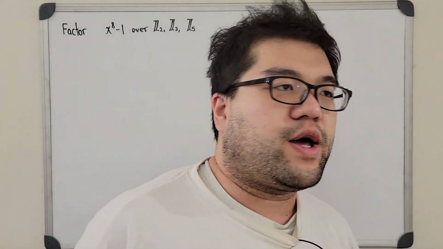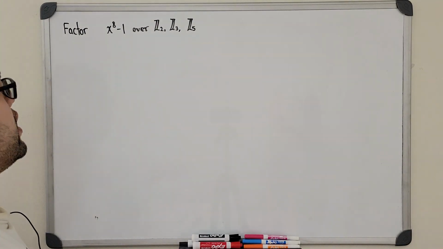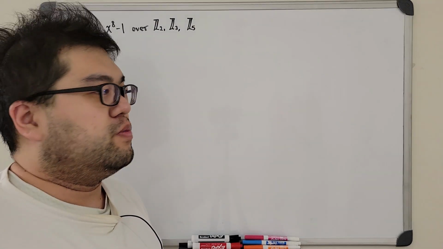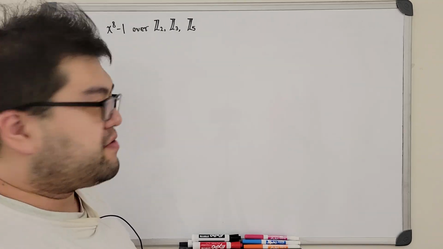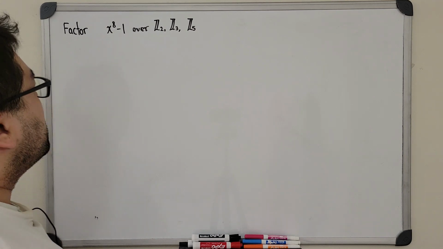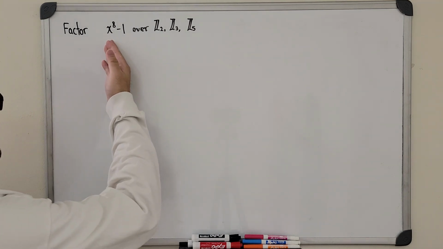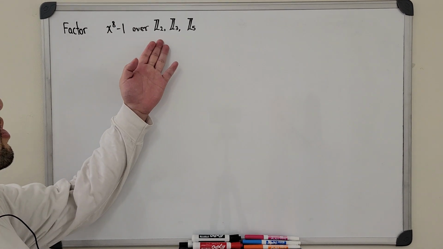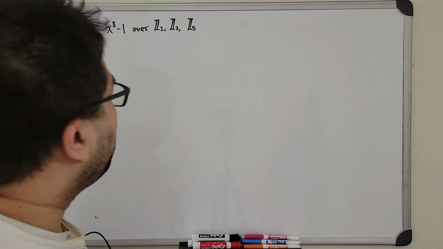Hey everyone, welcome back. Today we're going to have an algebra problem, or more precisely, a fairly easy ring theory problem that is written on the board, which says: factor x to the 8th power minus 1 over Z2, Z3, and Z5.